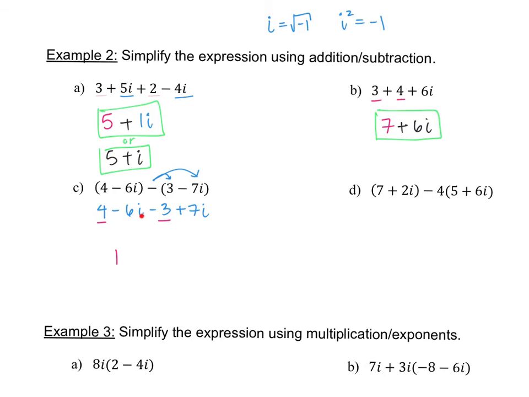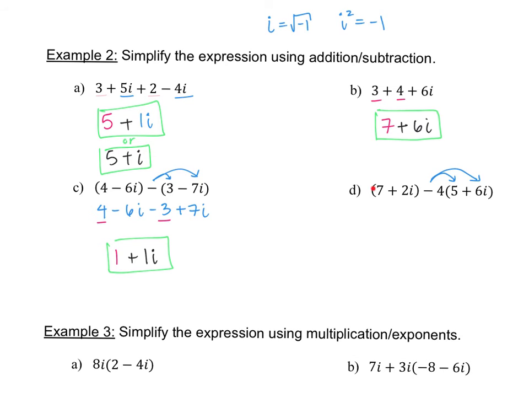If I combine -6i plus 7i, that gives me 1i. Or you can just say 1 plus i.